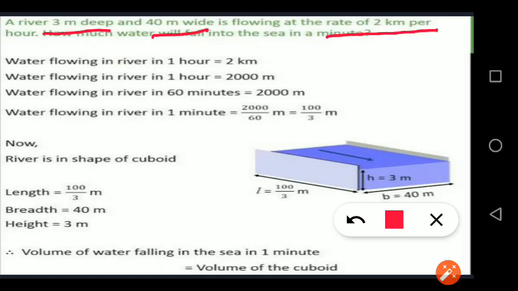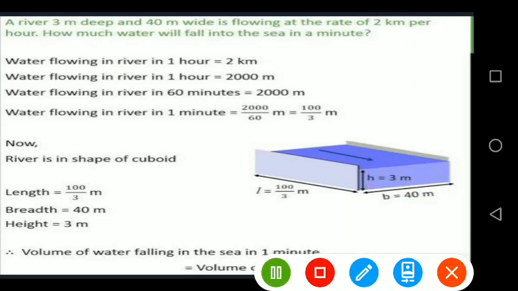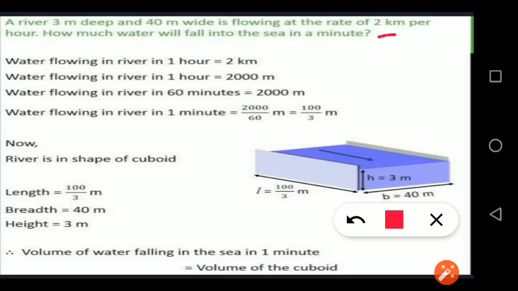It was given river is 3 meter deep, which means height is 3 meter. Then 40 meter wide, which means this breadth is 40 meter. What about length? Length is not given, just it was given that the rate of flowing of water is 2 kilometer per hour. Okay, let's see further.